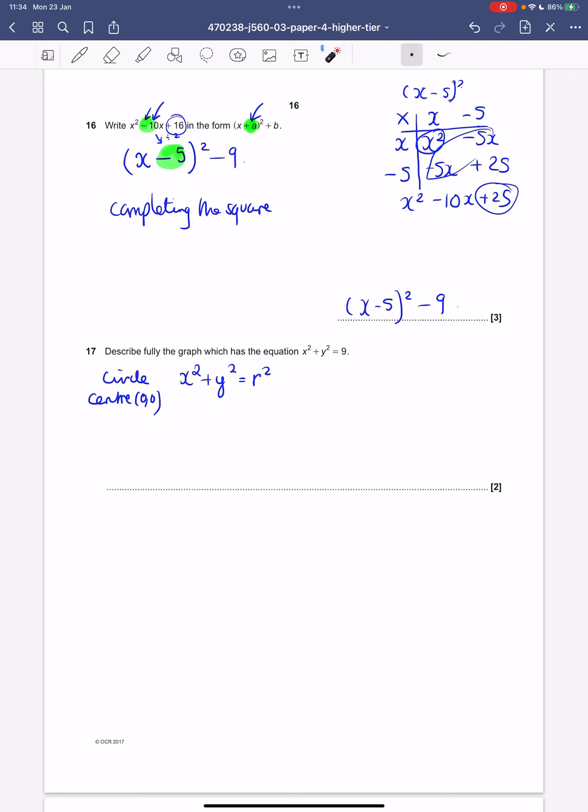So this is just something that you need to recognise. If it's x squared plus y squared, it's a circle, centre 0, 0, and then this is the radius squared. So you actually say this is a circle, centre 0, 0, radius 3. Square root of 9 is 3.